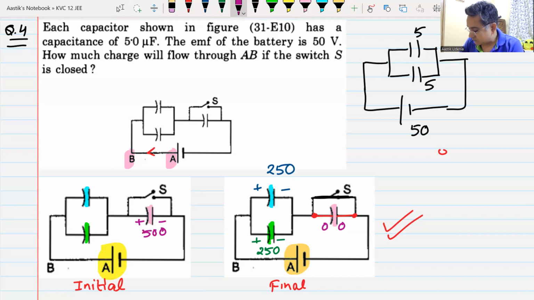Okay. Then how will you get the charge on this capacitor and this capacitor? Both the capacitances are the same.